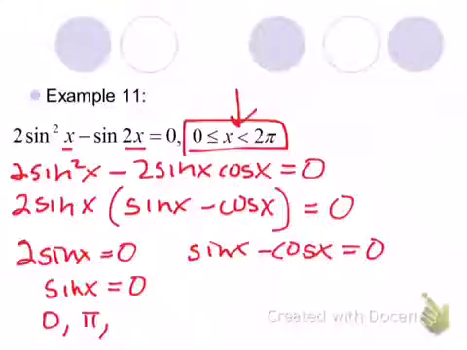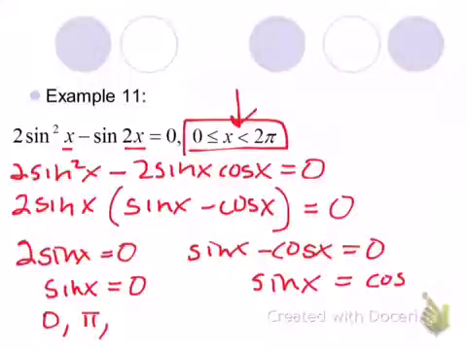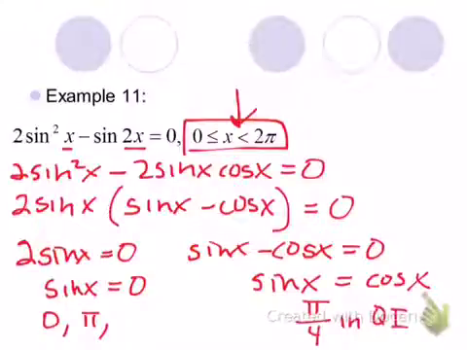Now the next one is a little bit tricky. Sine x minus cosine x equals 0 means that the sine x has to equal the cosine x. From your table of values or from the unit circle, which angle meets this description? Where is the sine of x equal to the cosine of x? Pi over 4, in which quadrants? Pi over 4 in quadrant 1 and in quadrant 3.